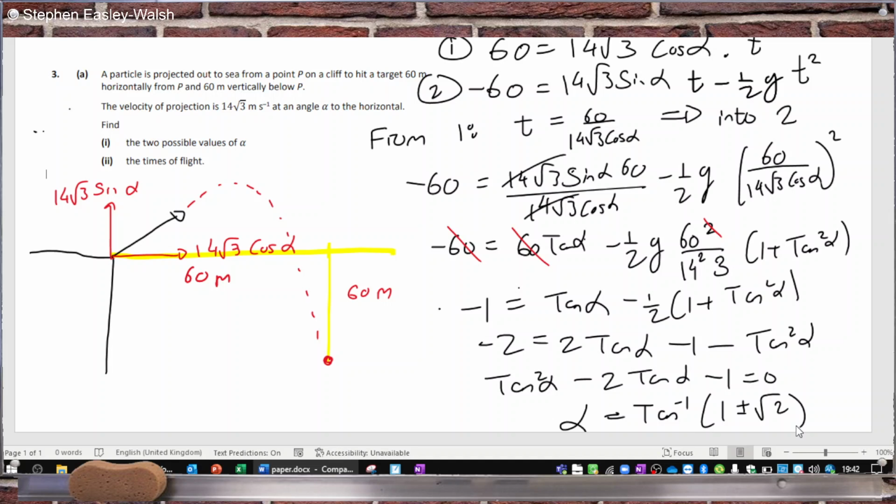I suppose I could check the answer. Let's see. 60 over 14 root 3 cos tan inverse 1 plus root 2.